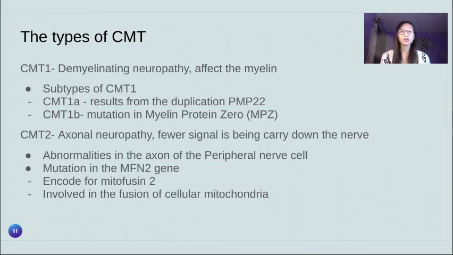CMT2 is an axonal neuropathy, meaning the signals are not being carried down the nerve properly. There are abnormalities in the axon in the peripheral nerve cells. Mutations in the MFN2 gene are affected. The MFN2 gene helps encode for mitofusin 2, which is involved in the fusion of cellular mitochondria.